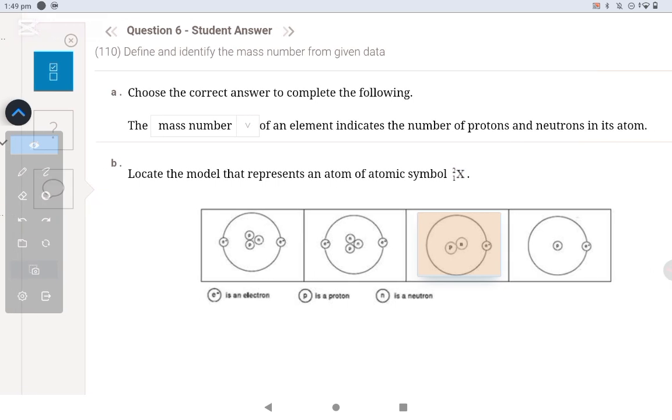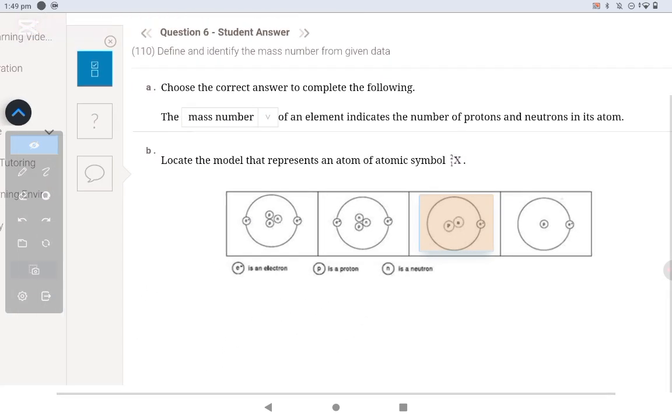Mass number of an element indicates the number of protons and neutrons in its atom. Like I said, the one on top, the mass number, represents both the number of protons and neutrons. Look at the model that represents an atom of atomic symbol 2-1. When they say 2-1, it means there are two nucleons. Nucleons is what is inside the nucleus, okay?